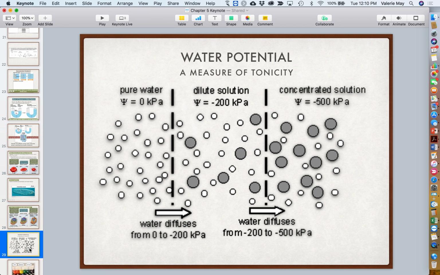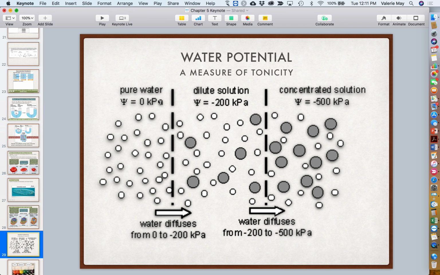But again, the basic rule to begin with for all of this is water will always move from an area of lower solute, so here's the solutes, to an area of higher solute. But it's comparative. This side has the higher solute. So the water always goes from lower solute to higher solute.